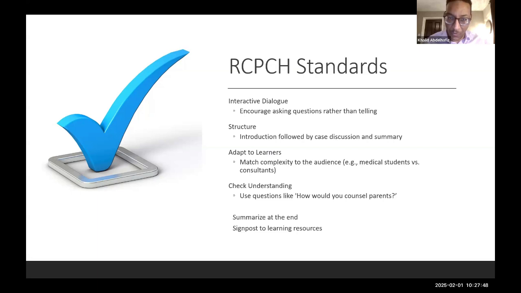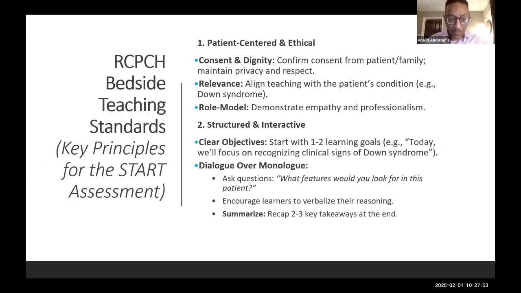Just again from the RCPCH, I don't want to give you a lot of details, but if you are teaching about something that will need consent from the parents or from the patient, that needs to be done. Make sure that it is relevant.